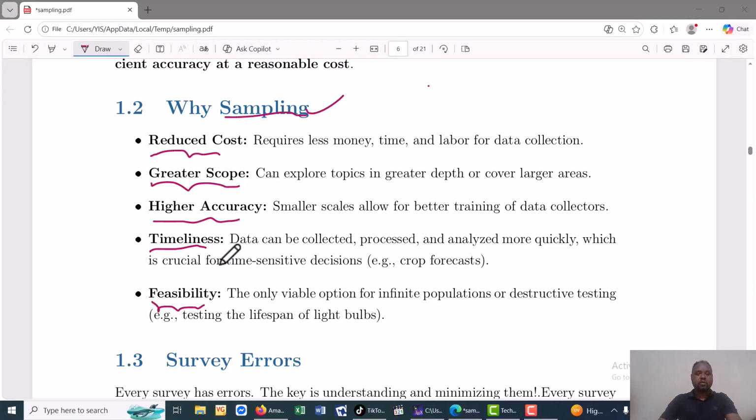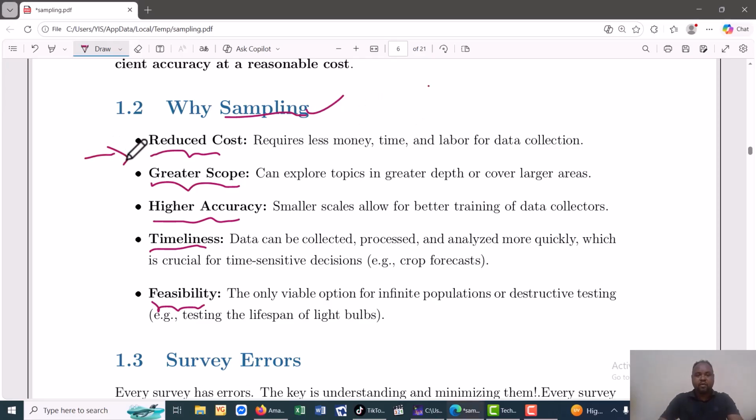What does it mean? When we say reduced cost is there with sampling, here we are comparing two surveys, census survey and sample survey. Where sample survey considers sampling, whereas census survey considers all units in the population under study. Considering sampling tends to have reduced cost.